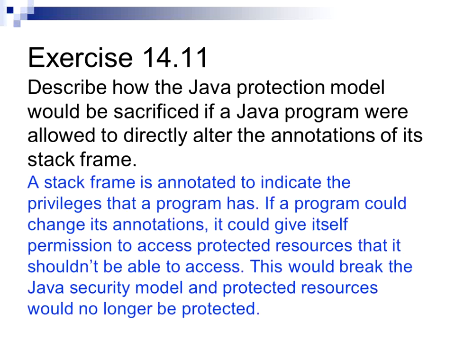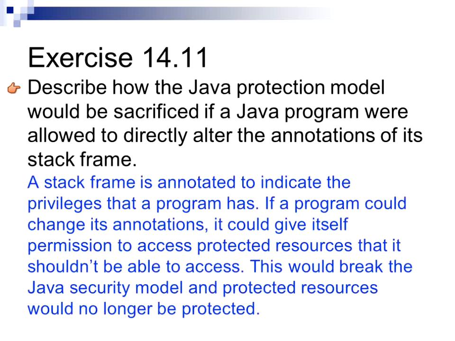Before we get into the topic of system security, I'd like to go over your homework for last week. Your first exercise asked you to describe how the Java protection model would be sacrificed if a Java program were allowed to directly alter the annotations of its stack frame. I posted one thing on the discussion board that might help you think about what the annotations are.